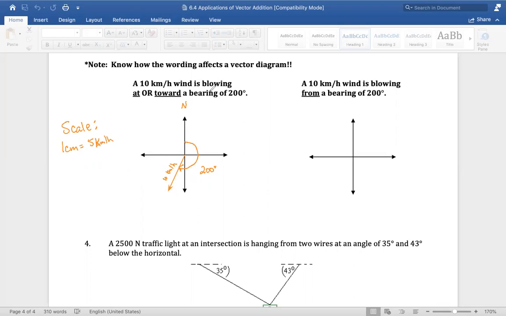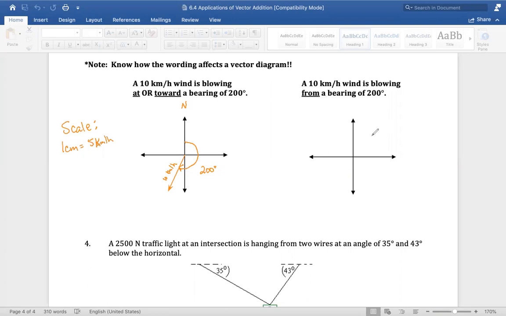Now, if it is blowing at or toward a bearing of 200 degrees, nothing changes about this diagram. Whereas if I relate it to this side here, a 10 kilometer wind from a bearing of 200 degrees, everything's the same as blowing. The only difference is the wording.